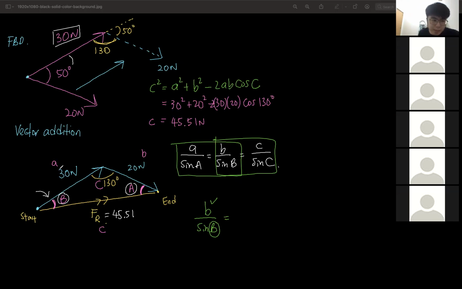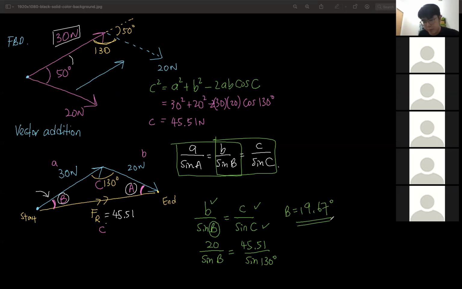A 我知道是30, 可是 angle 我没有, 所以我只可以选 C over sin C. 所以 20 over sin B 等于 45.51 over sin 130. 你的 B 应该是19.67. This is the answer.